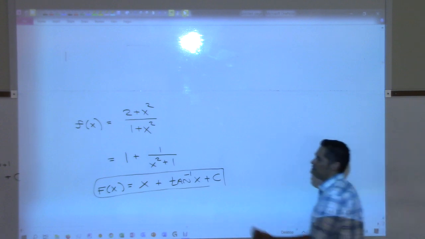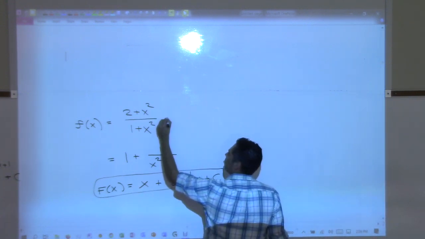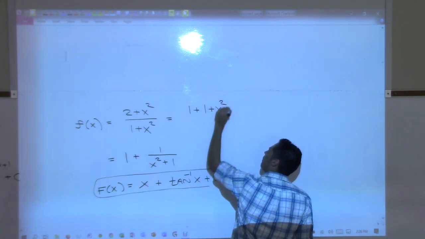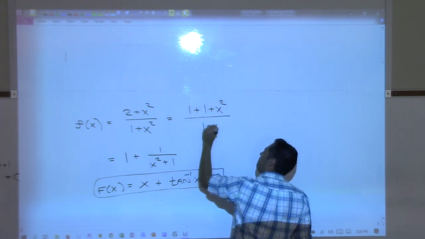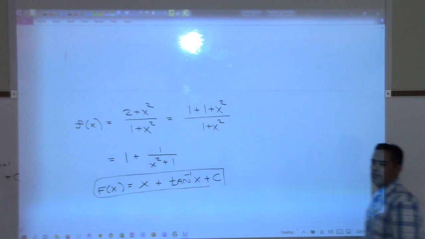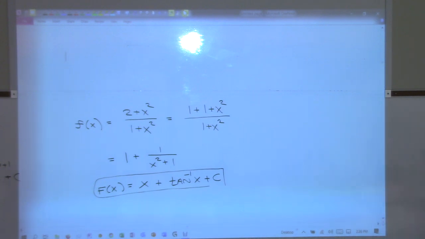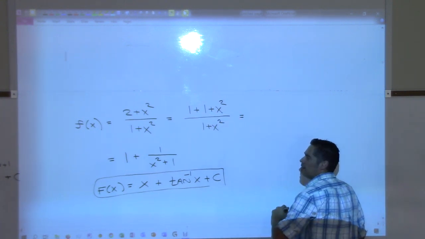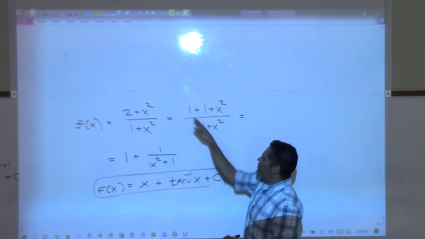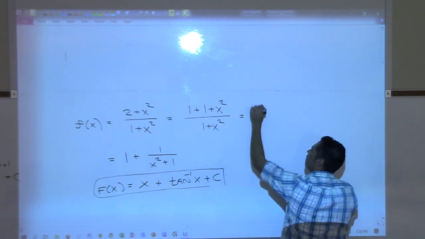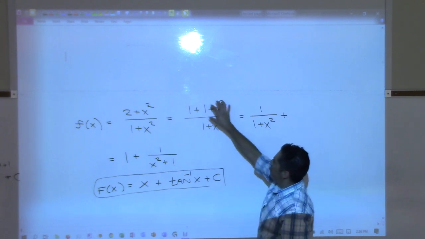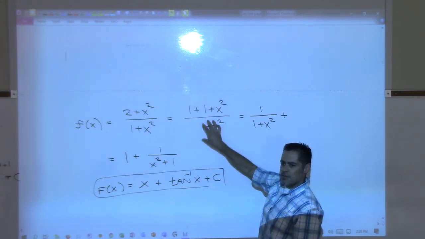So here's the trick. Do you agree that 1 plus 1 plus x squared is the same as 2 plus x squared? Yeah? So can't I then do 1 over this plus these two over this?